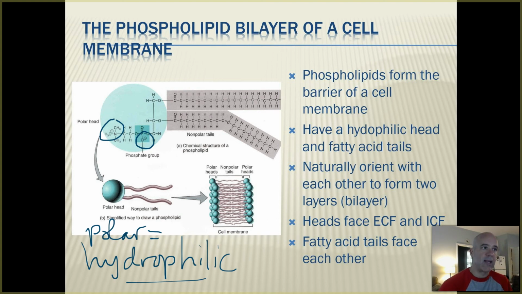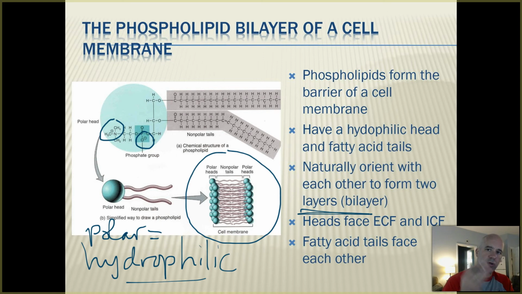Hydrophobic substances like other hydrophobic substances, which means those fatty acid tails, they like to get together and interact with each other. So here's a chunk of a phospholipid bilayer, two sheets of phospholipids that are getting together and making a cell membrane.